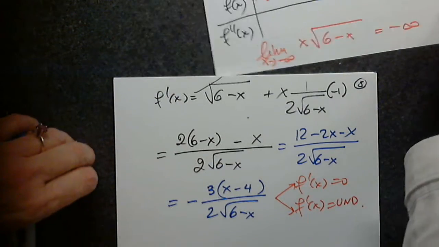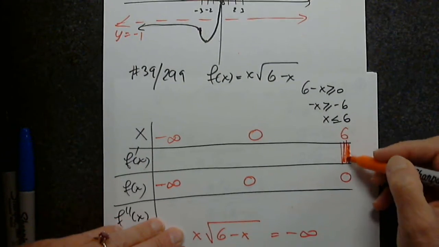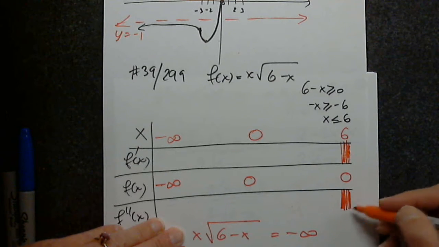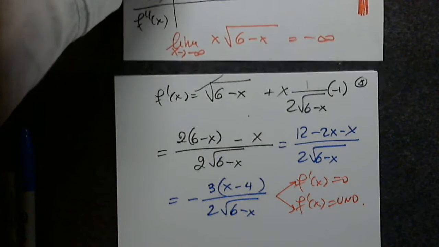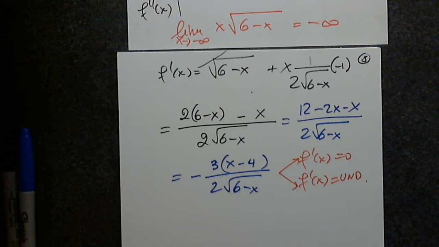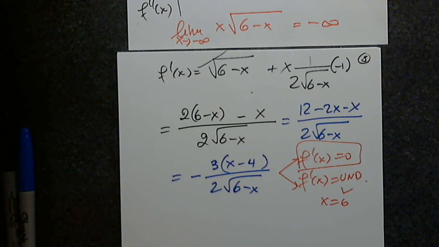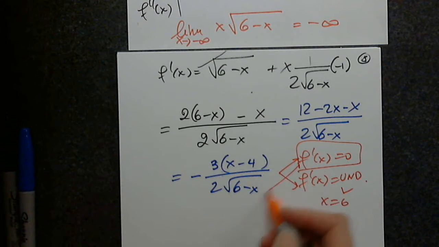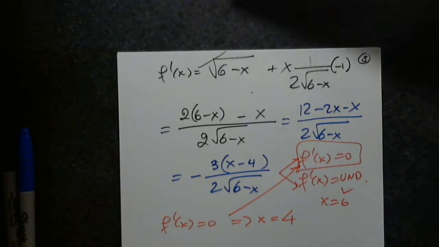At 6. Very good. So then this is undefined at 6, and so is the second derivative. Perfect. So this is done at x equals 6. But what about when f prime is 0? Do I have anything coming from f prime being 0? Excellent. Great job.